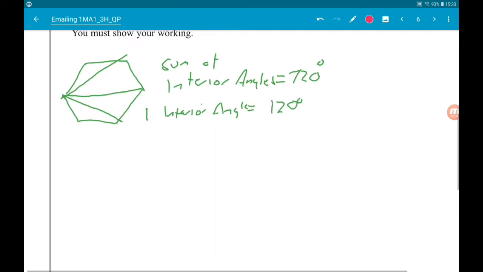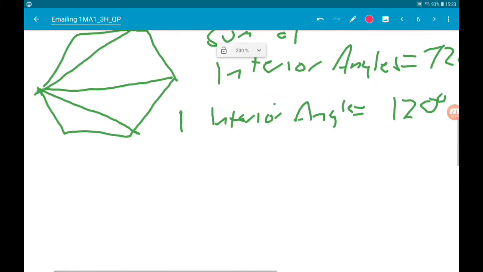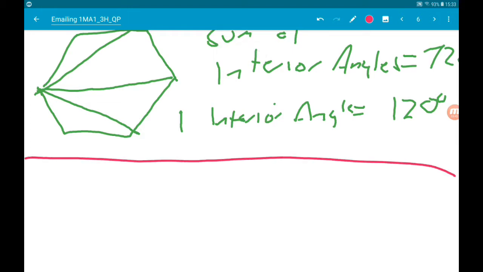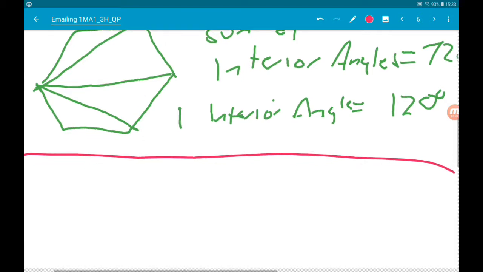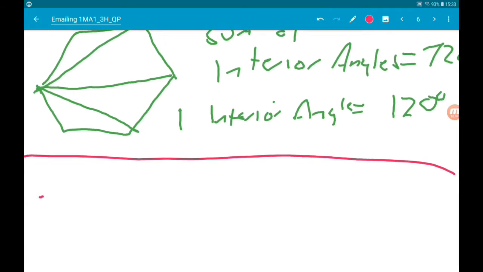So, the exterior angles of a shape are, if this is part of a polygon, an exterior angle is when you carry on one of the sides and it's then the angle between that and the next side of the shape.